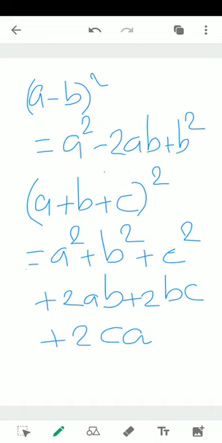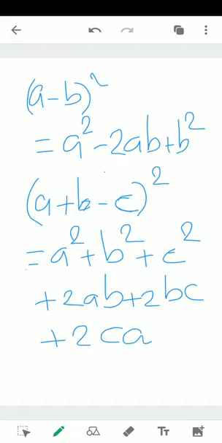And if I just tweak it a bit, and instead of this plus, if I make it minus c, (a plus b minus c) whole square, let us see how this will change the formula. A square will stay a square, b square will stay b square, c square will stay c square. After this, a into b will be positive because the sign of a is positive and the sign of b is positive, and positive into positive will become plus 2ab.